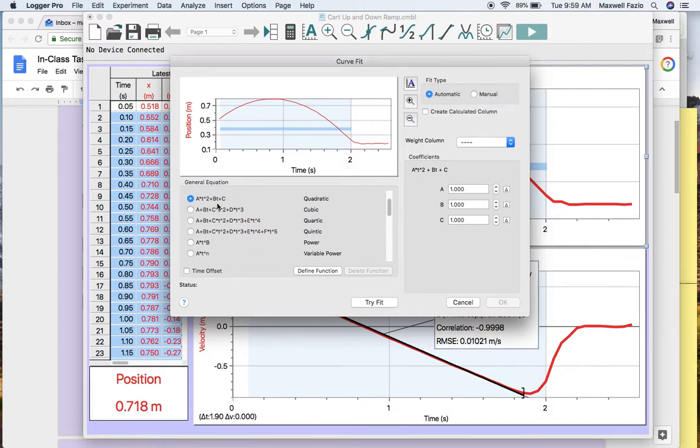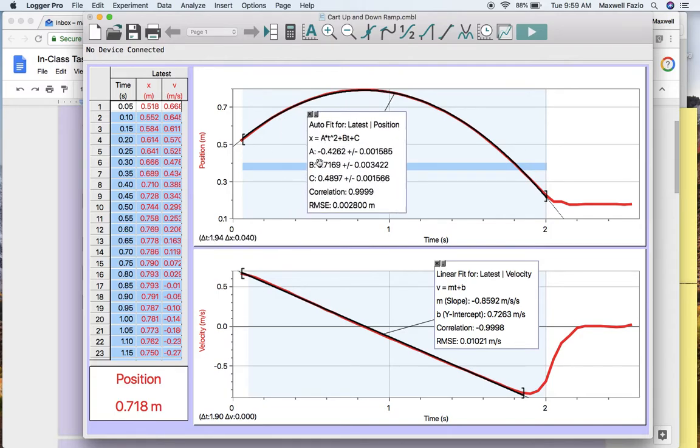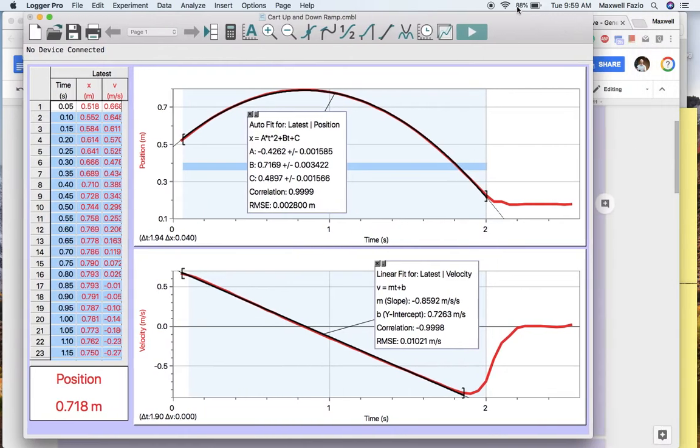But I'm going to fit a quadratic, which is this type of curve right here, right? Instead of an x, we've got a t value because time is our independent variable. Let's fit that. And it will become pretty clear in just a second why I chose this kind of function.